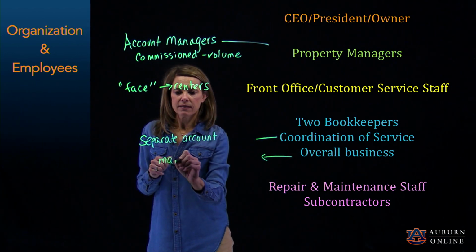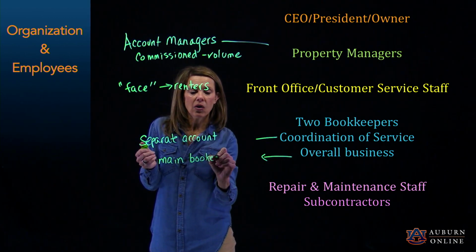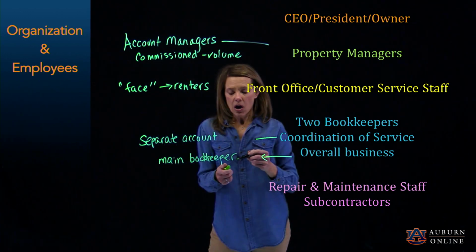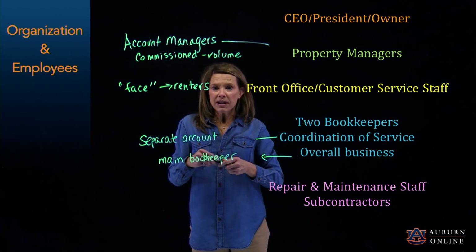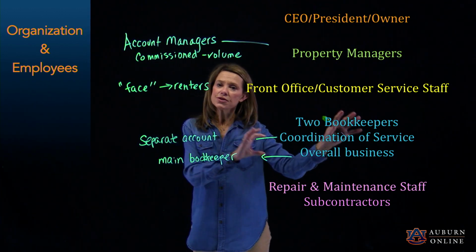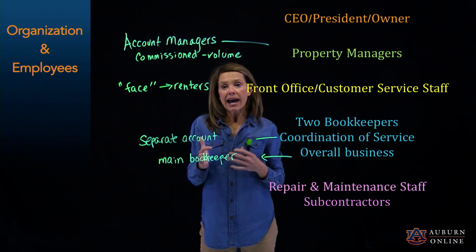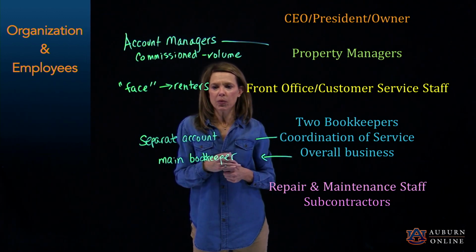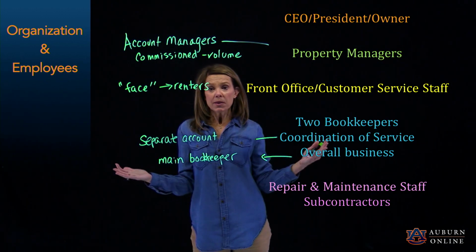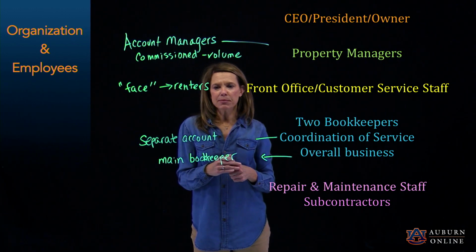Now, the other bookkeeper is really the main bookkeeper. Now, why do I say that? The main bookkeeper, this person is handling all of the bookkeeping, should have two Ks, all of the bookkeeping needs for the entire business. So the coordination of service bookkeeper really is just handling those cash disbursements that have to do with service being done. The main bookkeeper is more big picture, so everything related to the business would fall under that umbrella.